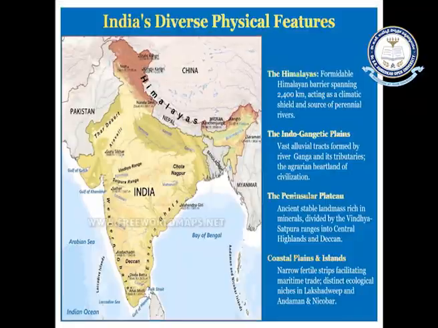Coming to the Indo-Gangetic plains. Indo-Gangetic plains, also known as the Aryavarta, served as the base for the emergence of the first historical cities in India. These historical cities, also known as Mahajanapadas, emerged in this region because of its geography. Third, we have the Deccan Plateau.